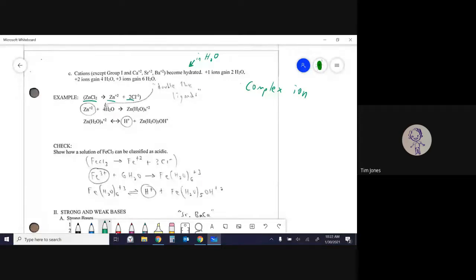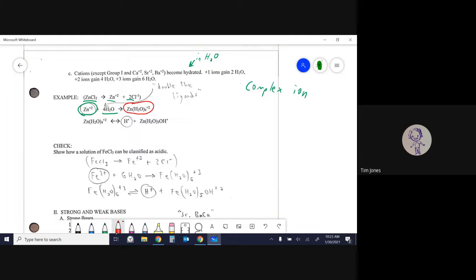In the water, the zinc ion will grab 4 waters and attach them to it, forming this complex ion. So this here is the complex ion with 4 waters attached to the zinc. Notice the charge doesn't change because zinc is +2, water's neutral, so you end up with a +2 in the end.